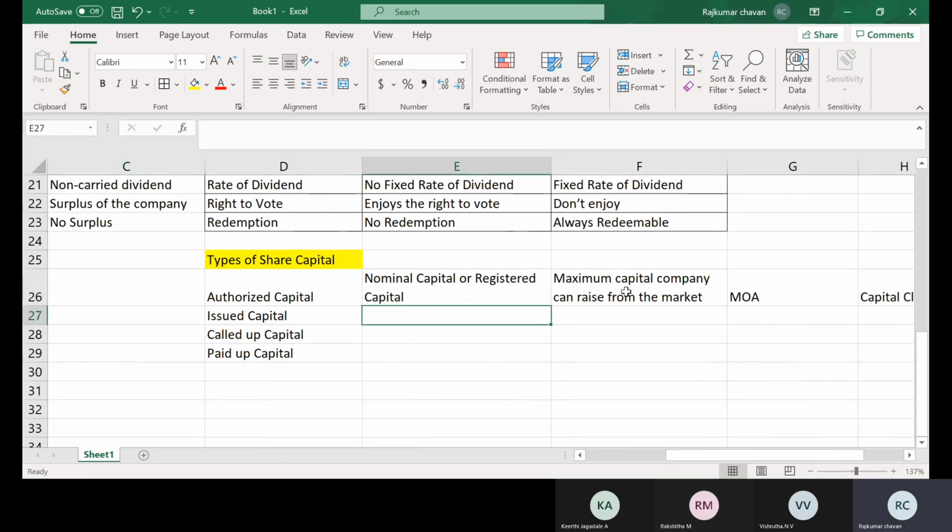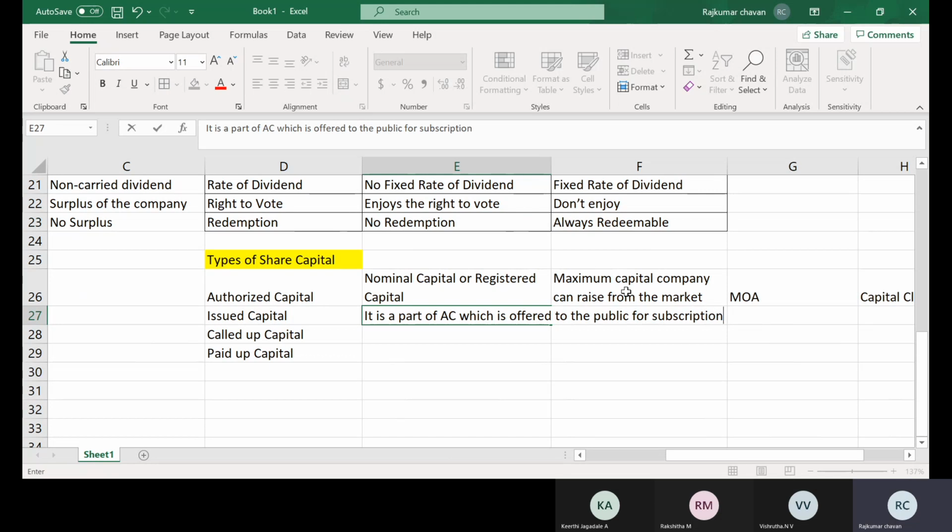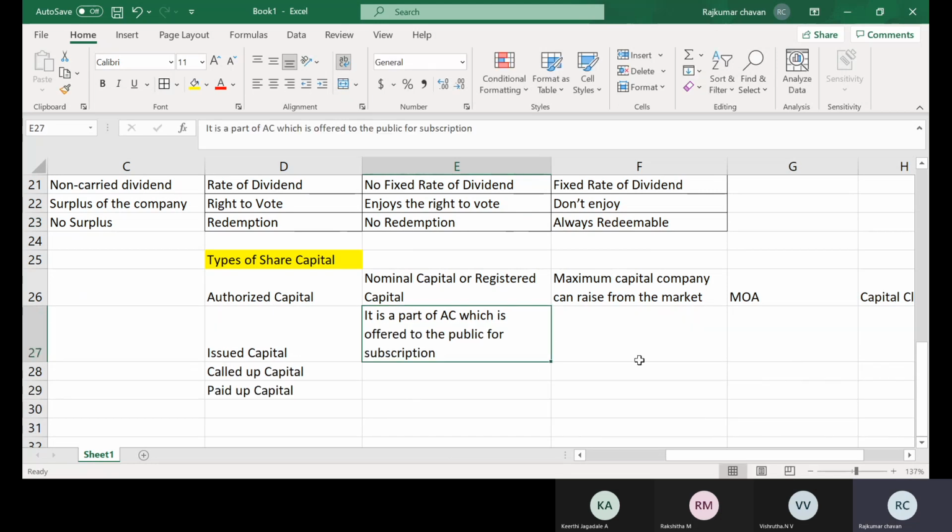Issued capital. It is a part of AC, authorized capital, which is offered to the public for subscription. That is called issued capital.